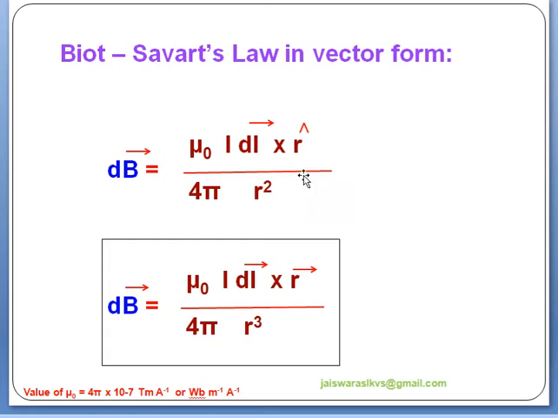You know r cap is equal to vector r upon r. So when you replace r cap by vector r upon r, we get mu naught upon 4 pi, I dl cross r upon r cube. This is the vector form of Biot-Savart law.